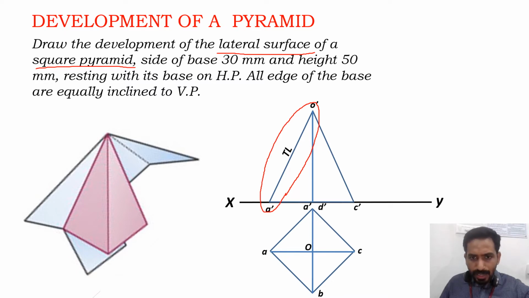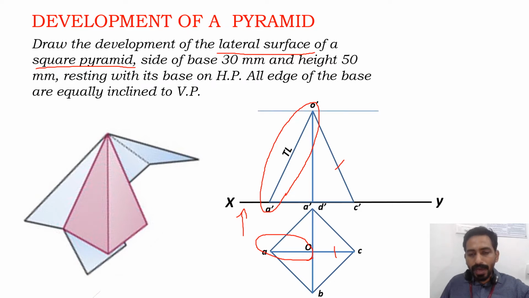So here you can see that OA is parallel to XY line. The corresponding front view, which is O dash A dash, will be having true length. The similar condition is there with O dash C dash and OC. OC is parallel to XY line, so O dash C dash will be having true length.